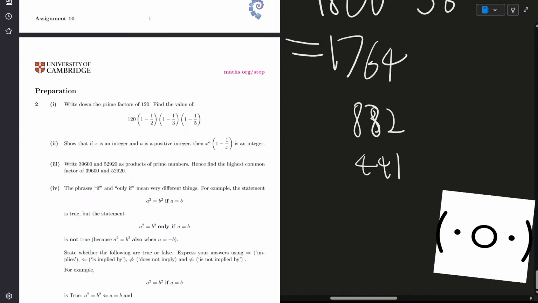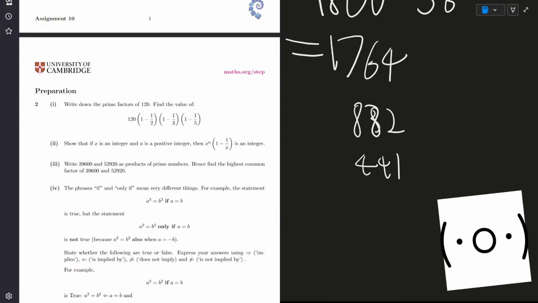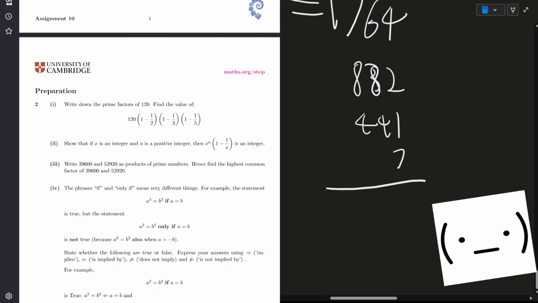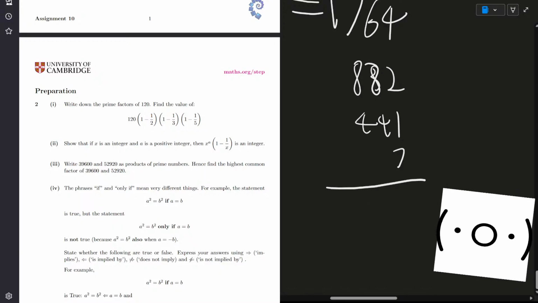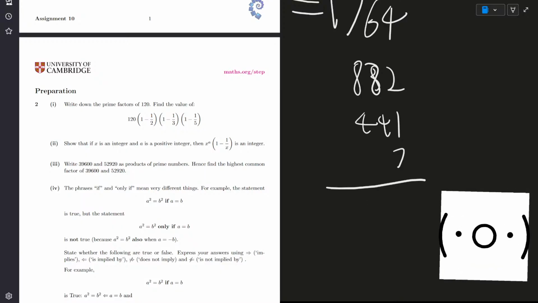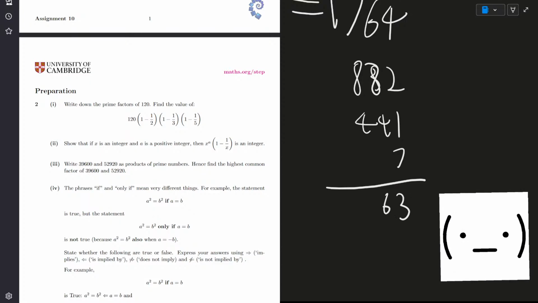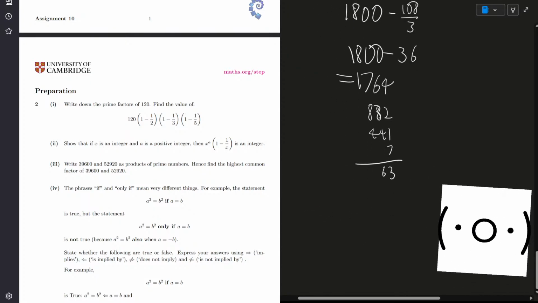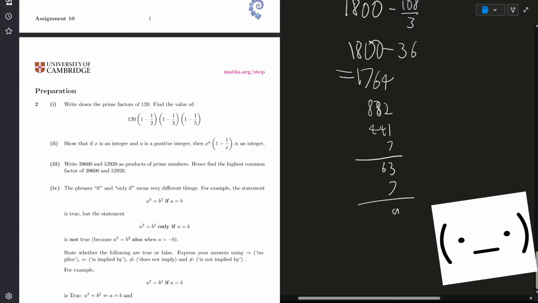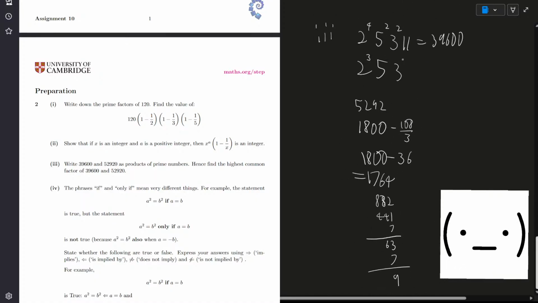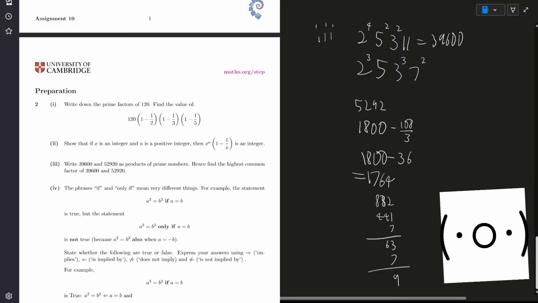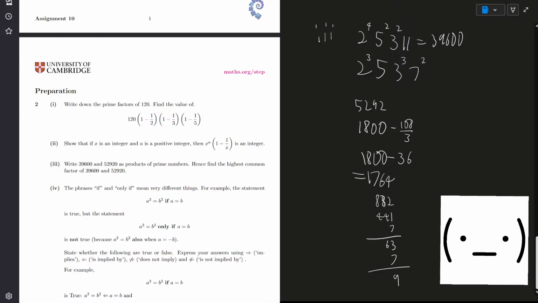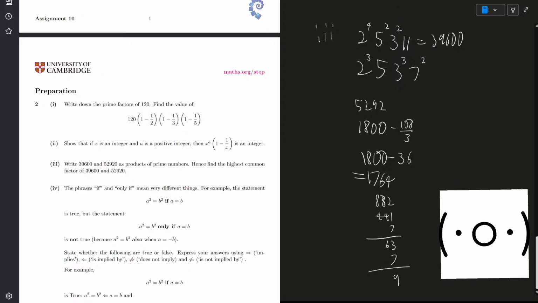So, let's test, right? It's 7. Oh, never mind. So it's 7. This is divisible by 7, so that's 63, which we know is divisible by 7 also, into 9. So there's two more times that 3 appears, and 7 appears twice. And that should be our final answer.